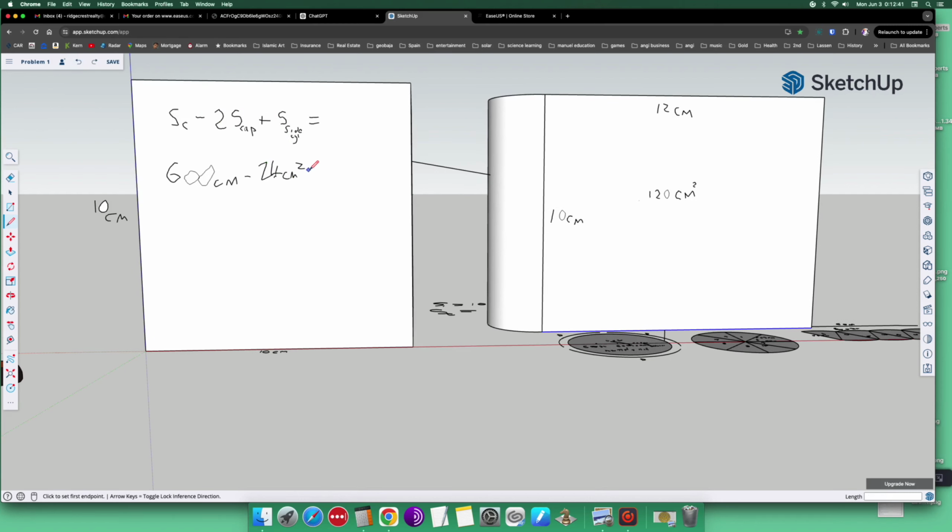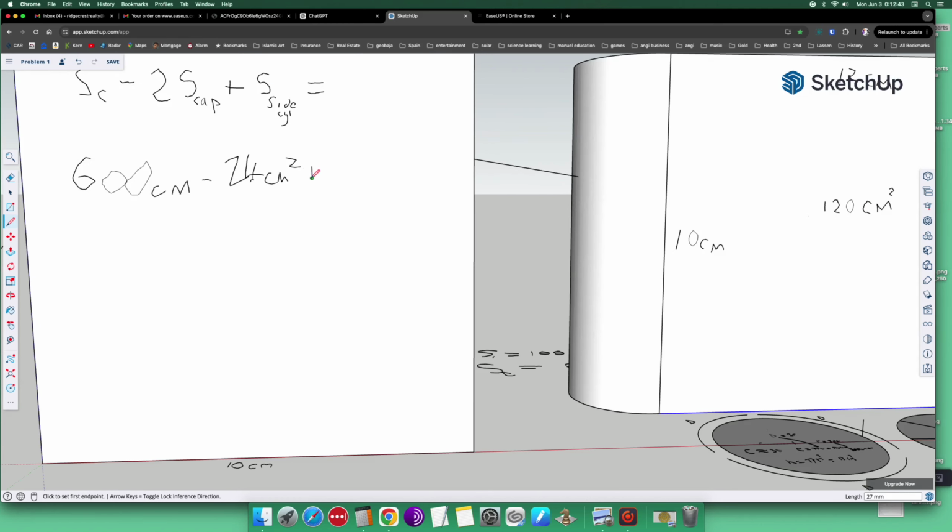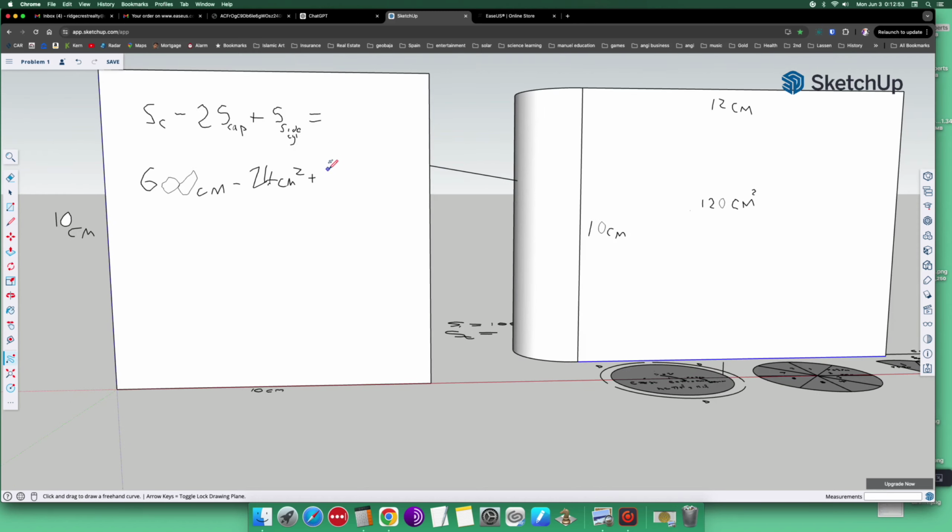So that was going to be plus 120 centimeters squared. And what does that equal to?